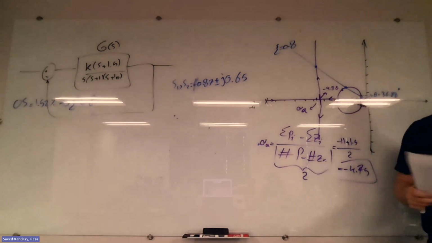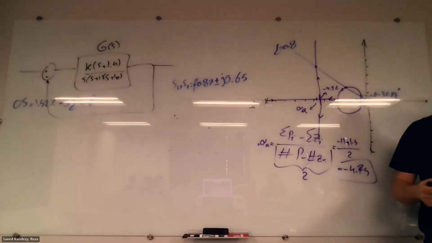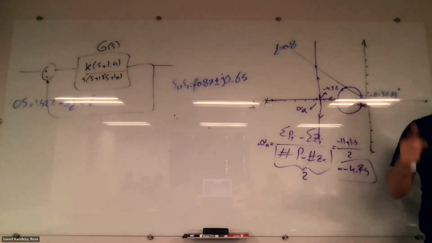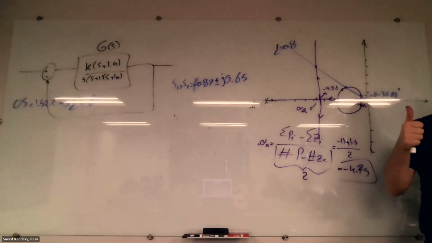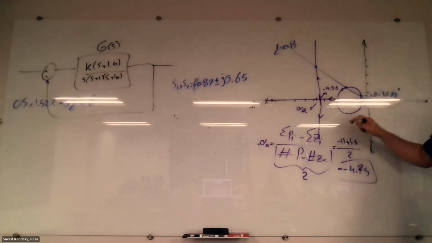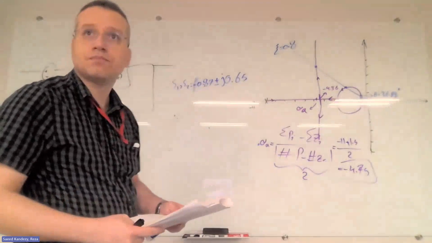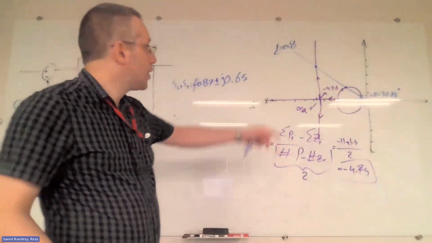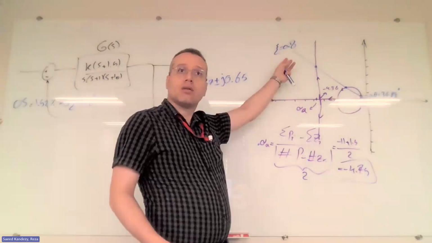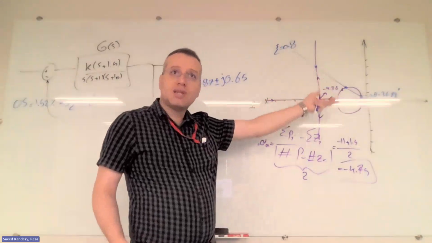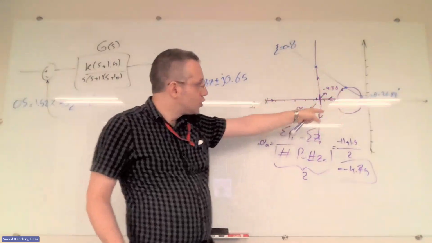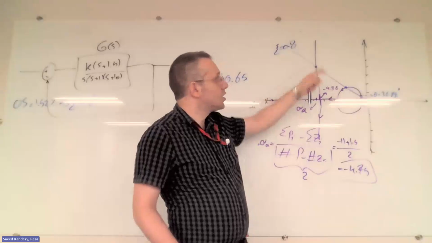Are we good? Is that clear? We had a third order system and we wanted to meet a certain psi. We know to meet that, our poles should be one of these interceptions.